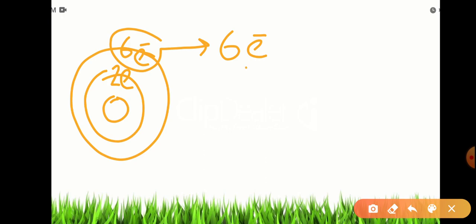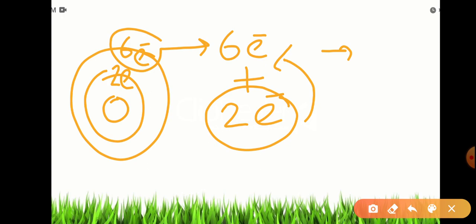In order to complete its octet, how many electrons does it need? 2 electrons. So oxygen will accept 2 electrons from somebody else and its octet is complete. So its valency is 2. So either they are donating the electrons or they are accepting the electrons. In both cases this is the valency.